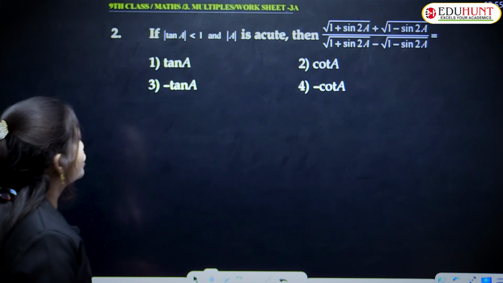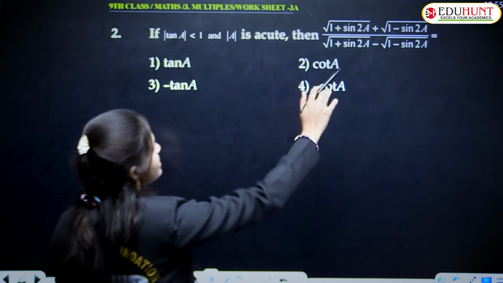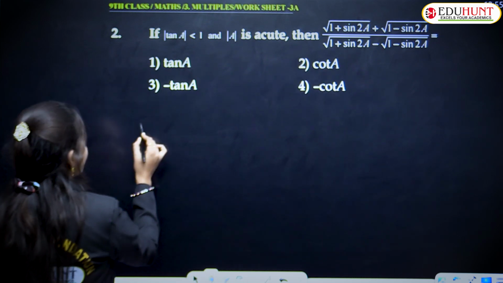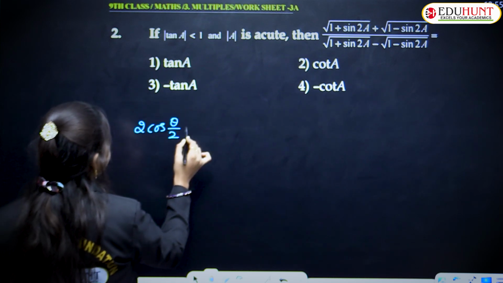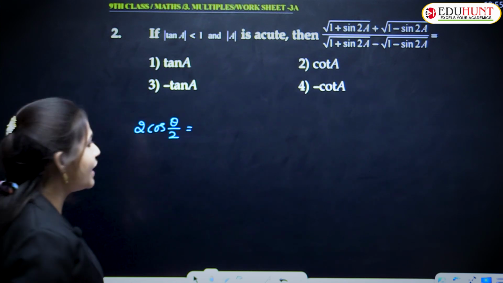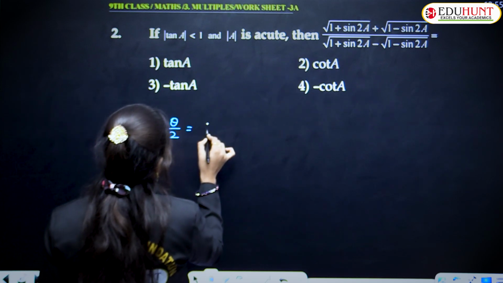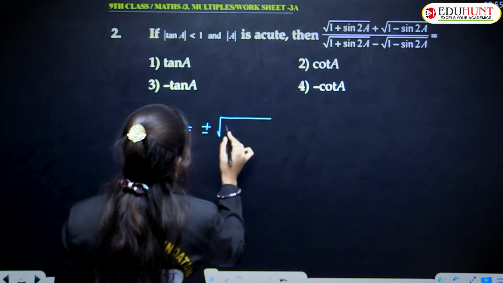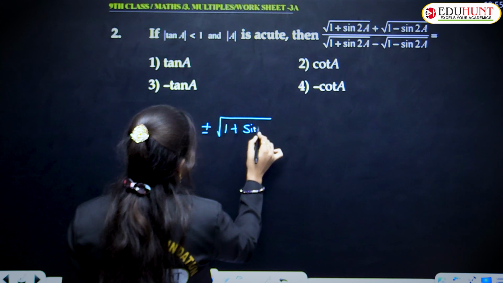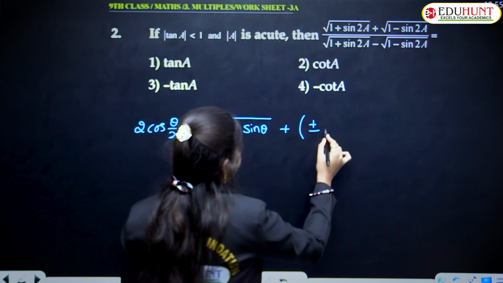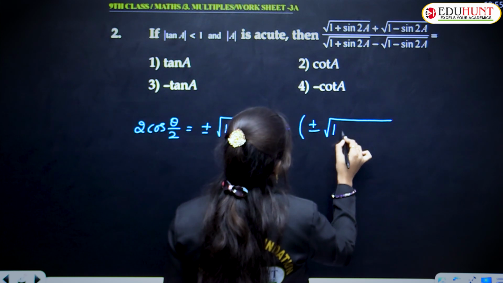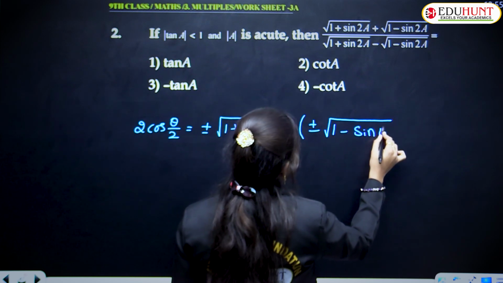Okay, children, see here, actually this is related to one of the formulas, that is 2 cos theta by 2, which equals plus or minus square root of 1 plus sin theta plus or minus square root of 1 minus sin theta.